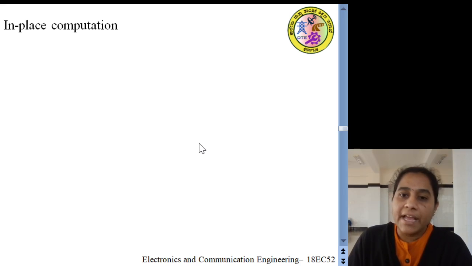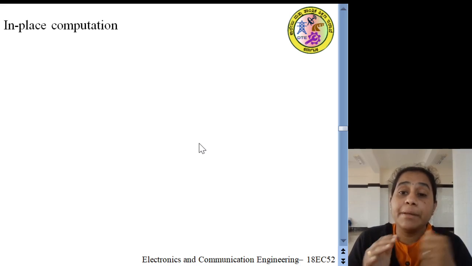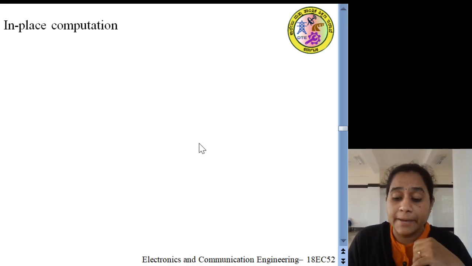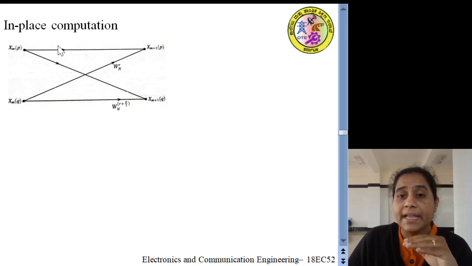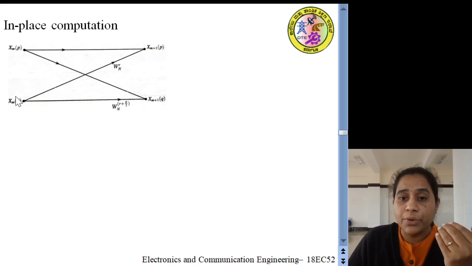thing in our DIT FFT algorithm is in-place computation. Here you can observe this representing a 2-point DFT, or a butterfly operation, where we are giving these two inputs, xm of p and xm of q.